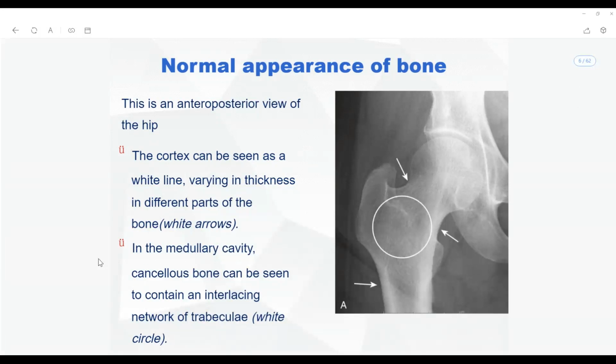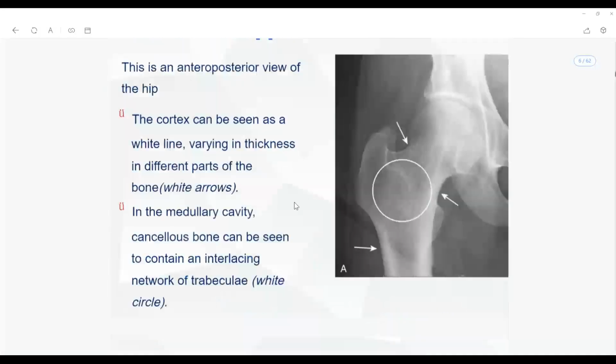Depending upon the weight of your body and the stress taken by a bone in that particular region, that determines the contents, the composition or the compactness of the medullary cavity. All right, so that is what you need to understand here.